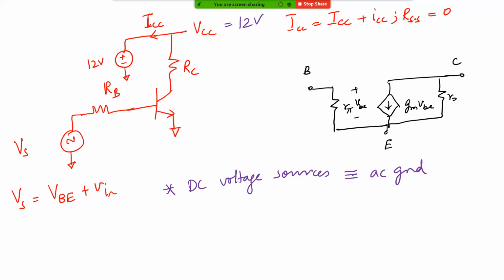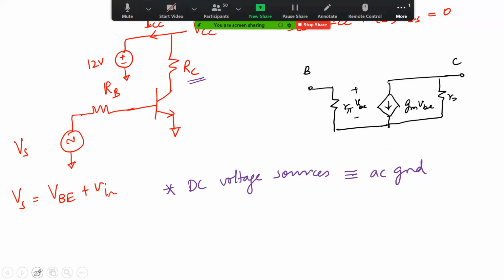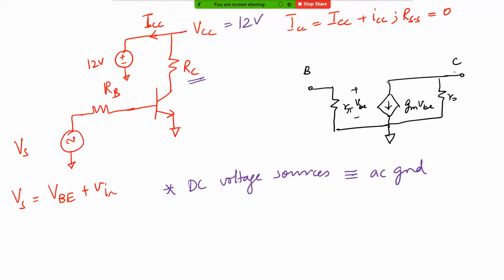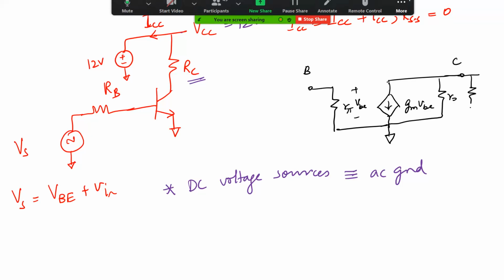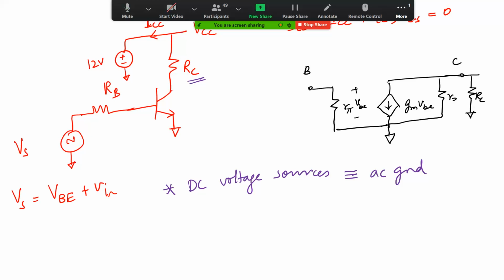All right. So now at the collector node, what do we have? We have this RC, which is connected to the collector, and the other end of RC is connected to VCC. As we pointed out, the emitter is grounded in the AC circuit, and now we can say that this RC is also grounded.